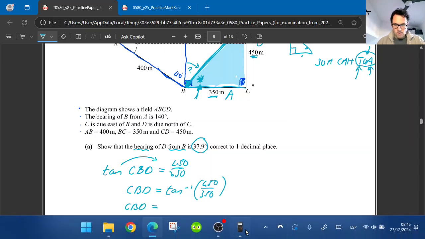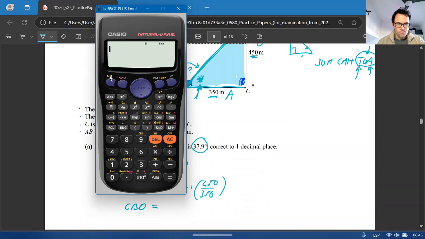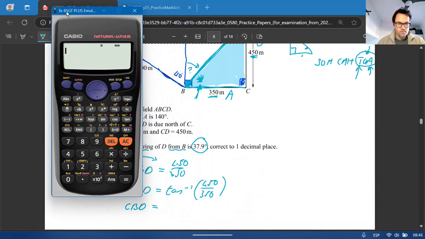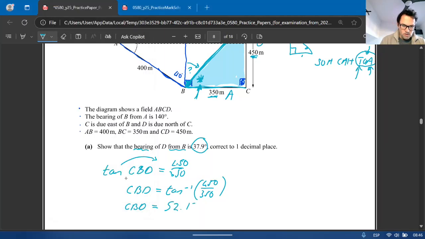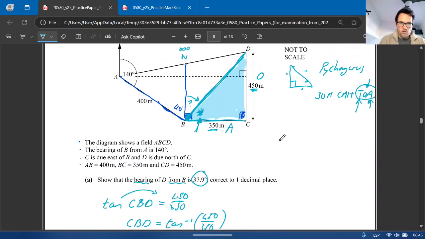Let's put that in our calculator. 52.125. This is not our final answer, so we're not going to round it. Remember what we wanted to do. We wanted to find this angle here, and that forms part of this 90-degree angle.